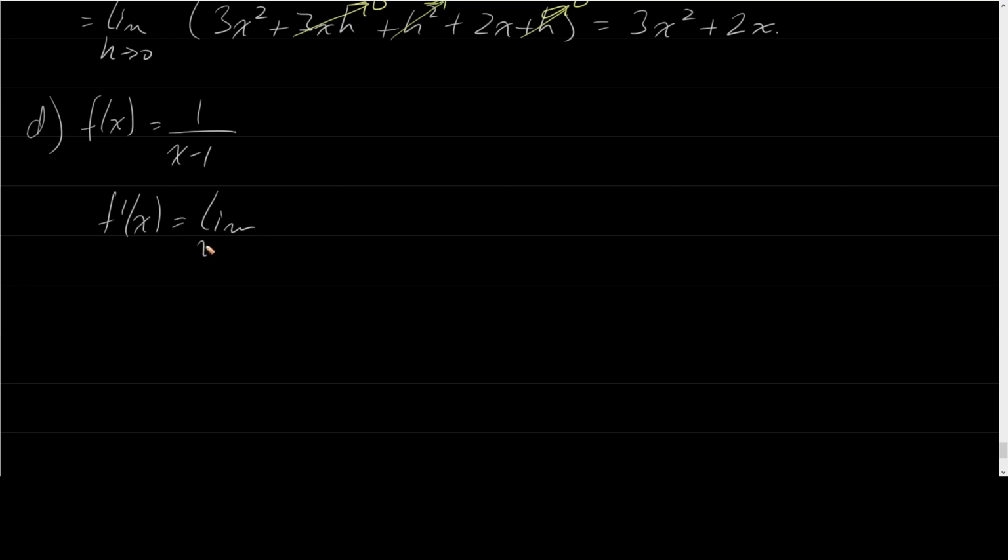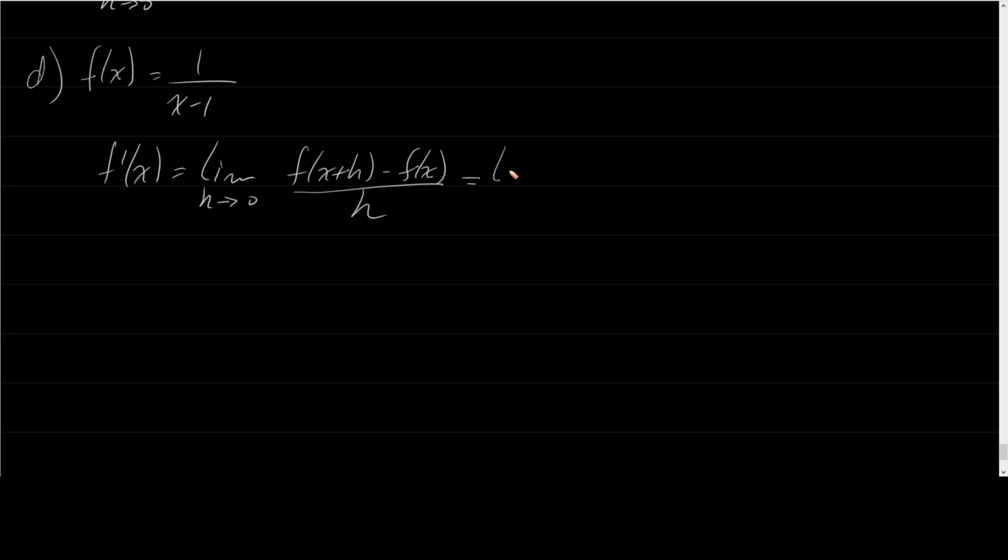The limit as h goes to 0 of f of x plus h minus f of x, all of this over h. So what this gives us is the limit as h goes to 0 of, plugging in the x plus h, 1 over x plus h minus 1 minus 1 over x minus 1, all of this over h.